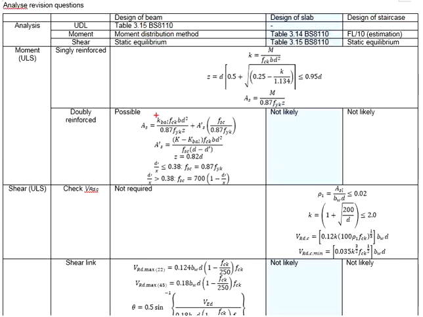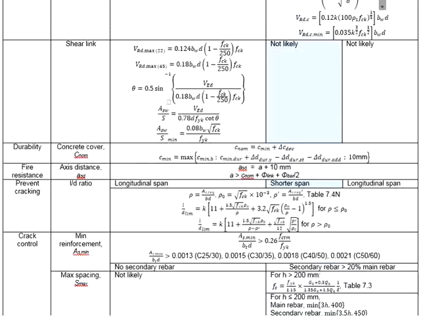So far, we have covered the analysis part, the design for moment, the design for the shear, as well as some parts of the serviceability requirements. Among those covered include the concrete cover, axis distance, and the L per D ratios. For more information, you may refer to the previous videos.